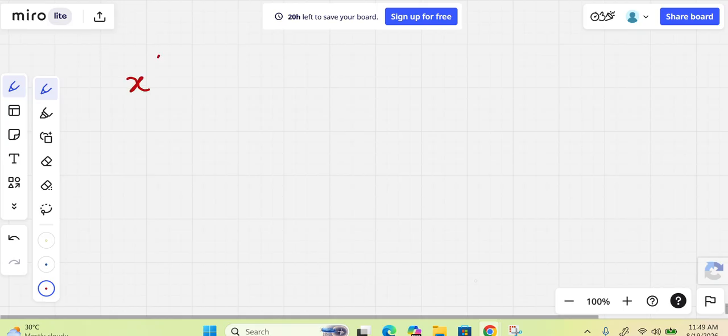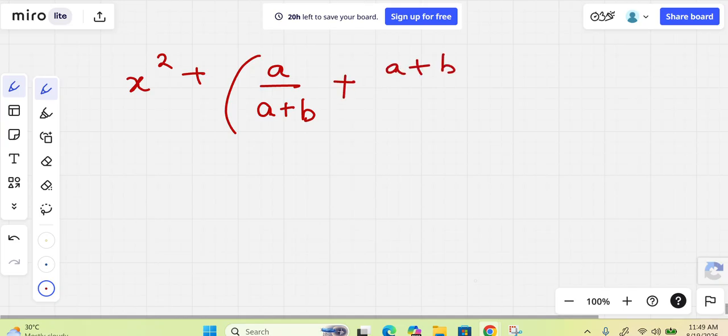Tell me if the question comes like this. Will you feel it is too difficult or do you feel it is easy? The question is to solve for x. What do you think?